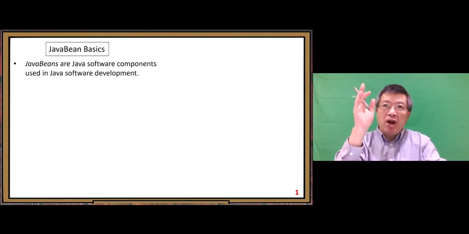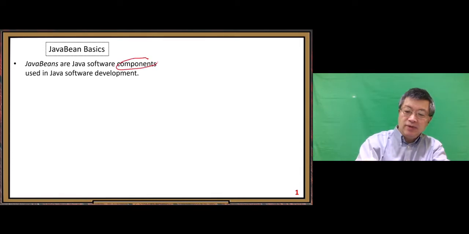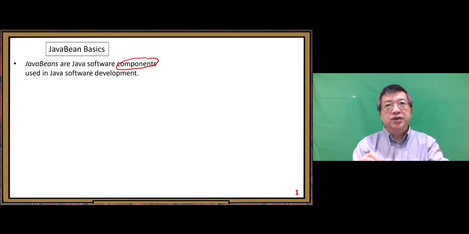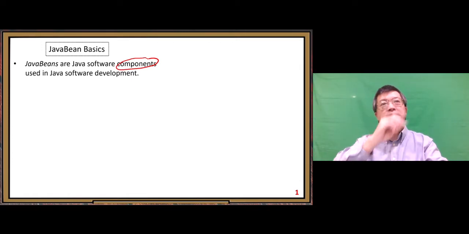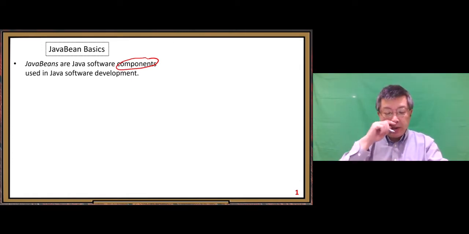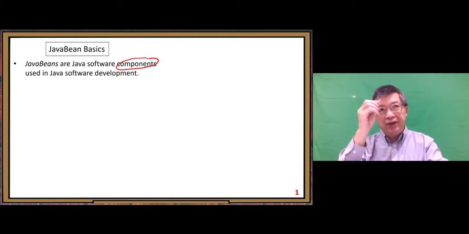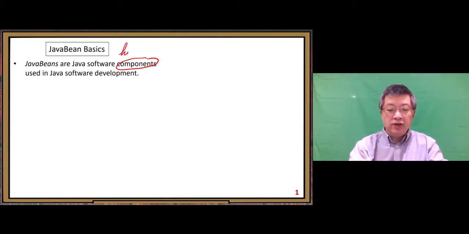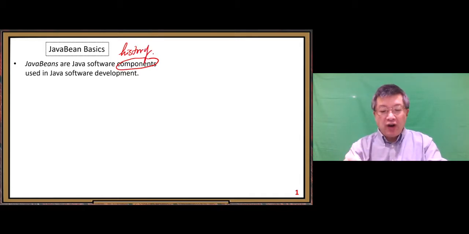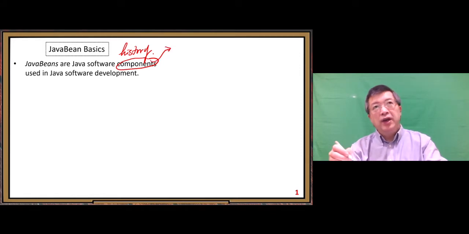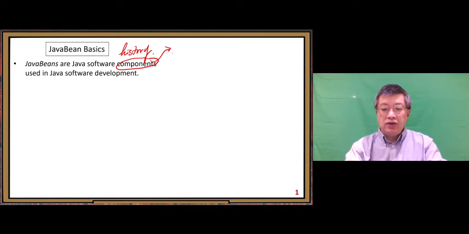JavaBeans are software components. So what are the software components used in Java software development? Here, in order to explain the background, I would like to give you a little bit of the history of JavaBean. The software components in history were used in Java desktop application development.